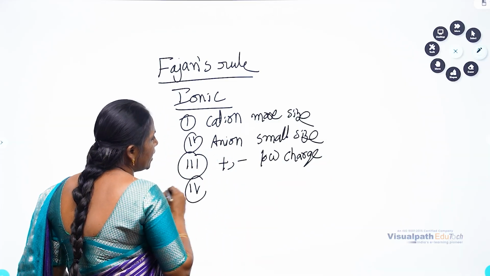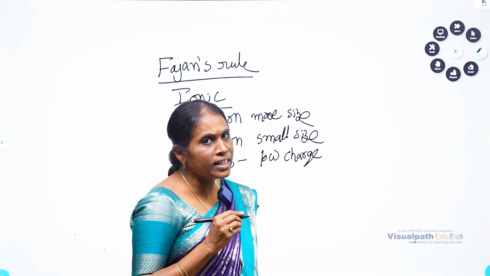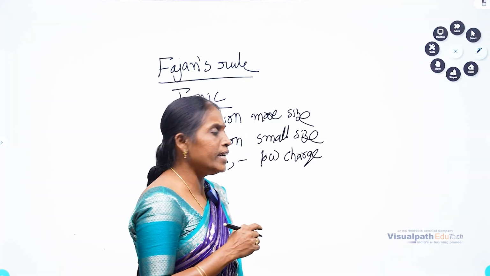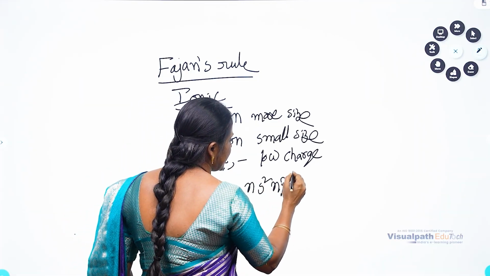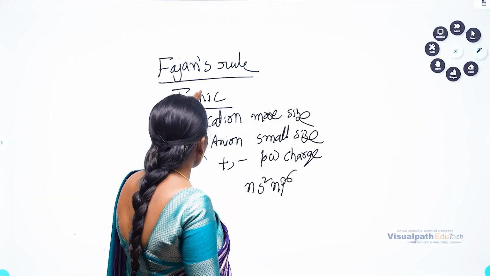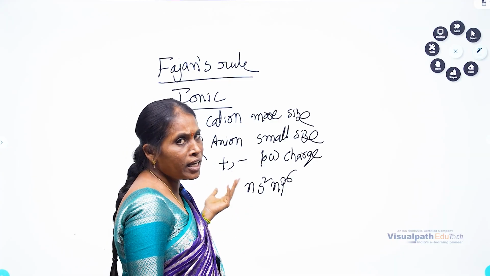And next, it has an inert gas configuration, meaning it is completely filled. The general electronic configuration of the inert gases is ns2 np6. So when we observe these conditions, it shows an ionic compound.